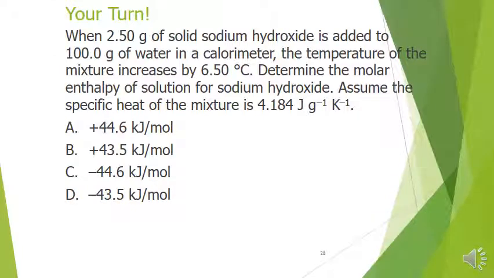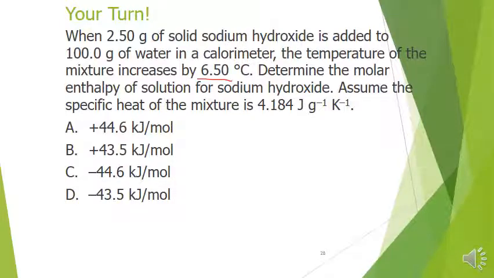Okay, so your turn. The idea is I'm going to take 2.5 grams of solid sodium hydroxide, and I put it in 100 grams of water in a calorimeter. A calorimeter is a way of measuring temperature. If you know the temperature change, you can know the heat. When we do this, the temperature of the calorimeter increases by 6.5 degrees Celsius.